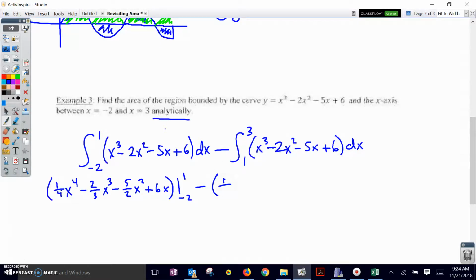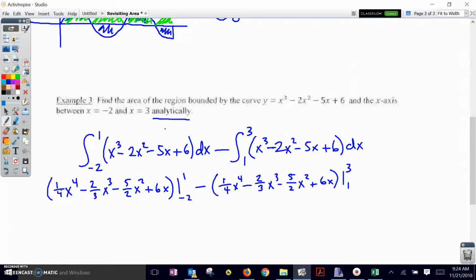And then the same antiderivative, which we're going to evaluate from 1 to 3.